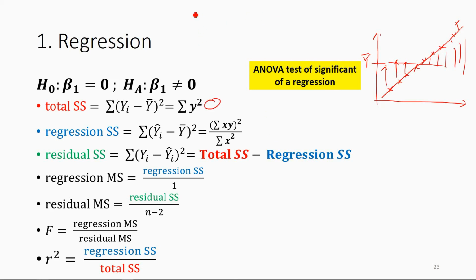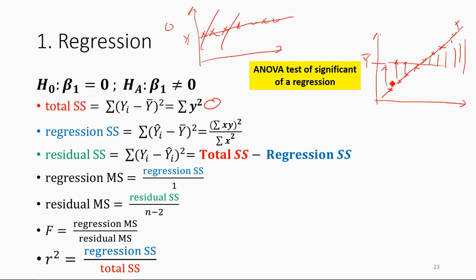There must be a variation, because if there is no relationship, then your total sum of square is very, very small, close to zero. So forget about this one first, focus on this one.